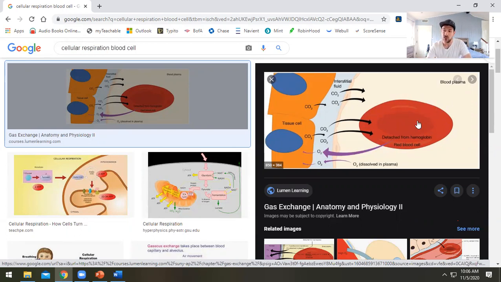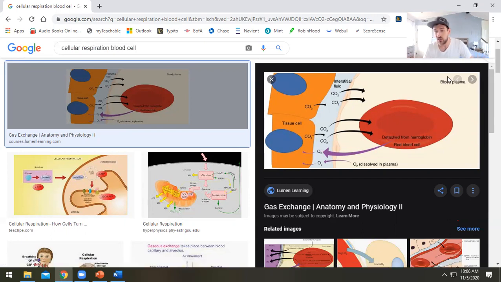So at your body's tissue level, your cells are consuming the oxygen and then they're left with CO2 afterwards. That's their waste product. In the same way that you bring in food and expel waste, your cells are bringing in oxygen and expelling CO2. That's the gas exchange at a tissue level in the body.